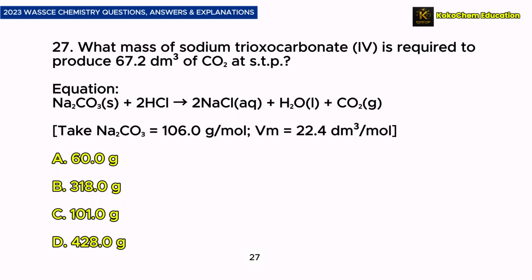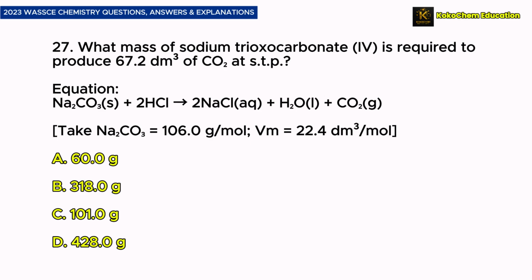27. What mass of sodium trioxocarbonate IV is required to produce 67.2 dm³ of carbon dioxide at standard temperature and pressure? Take the equation sodium carbonate plus 2HCl going into 2NaCl plus H2O plus CO2.